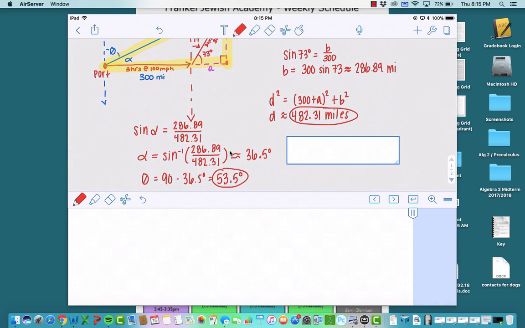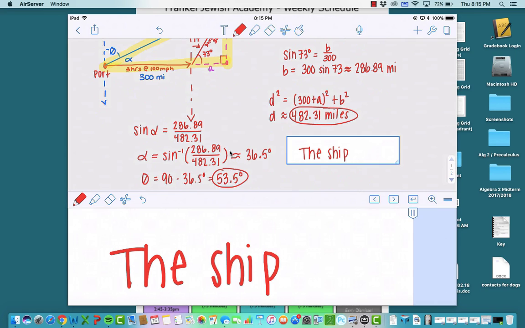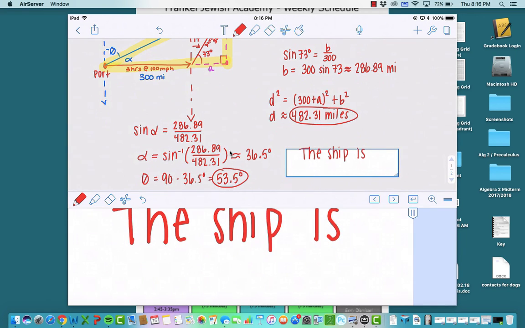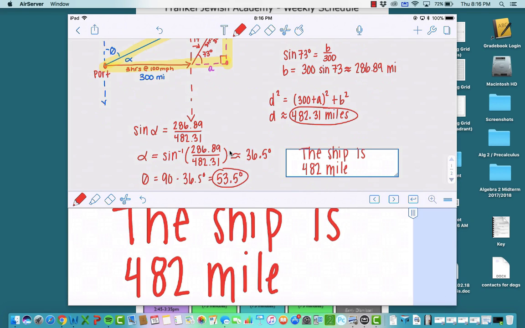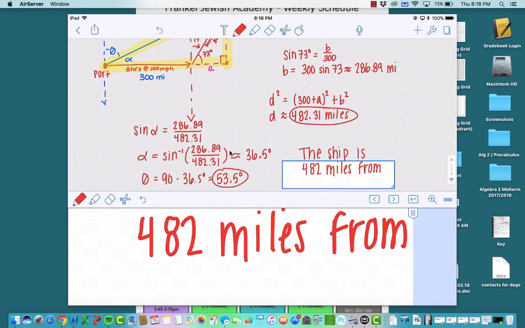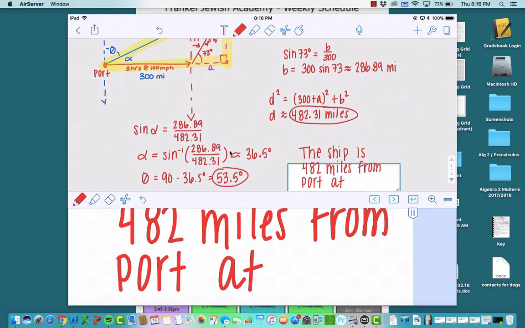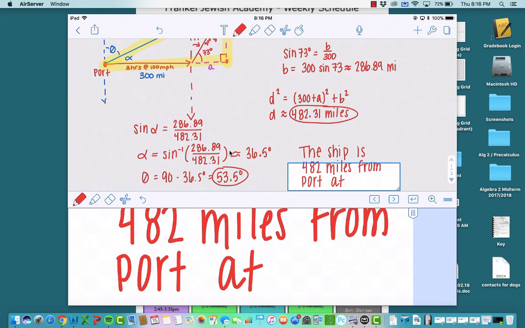So, how do I combine this and this into the final answer? So, the ship is 482 miles from port. I'm just going to write at it is 53.5 degrees east, because we're going towards east, of north.